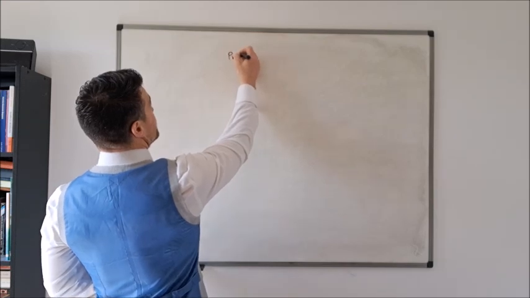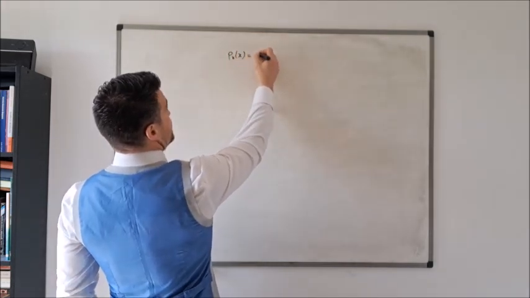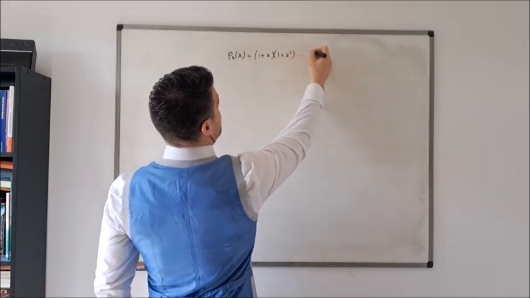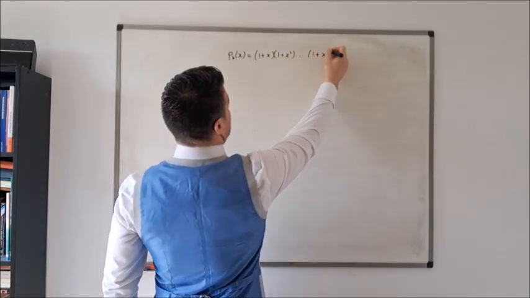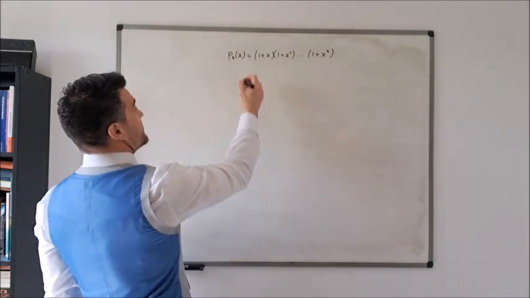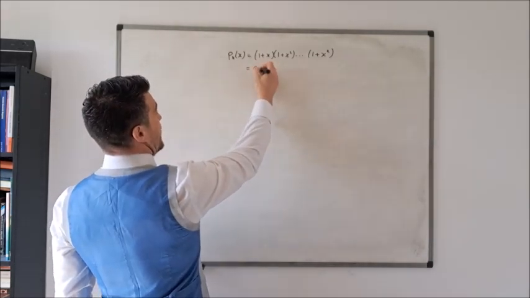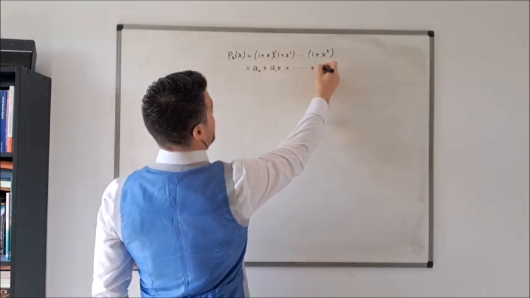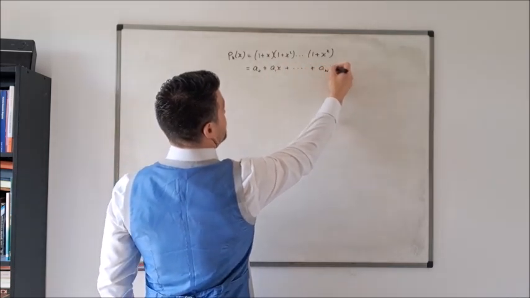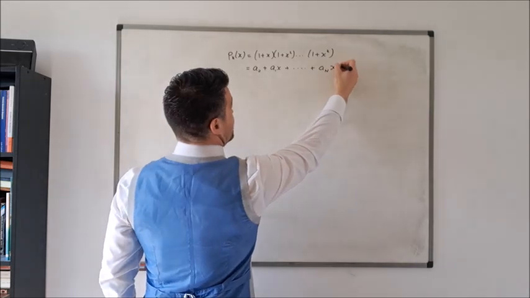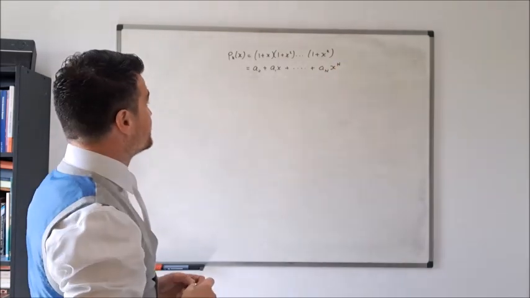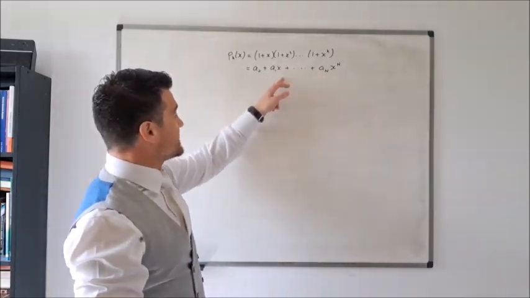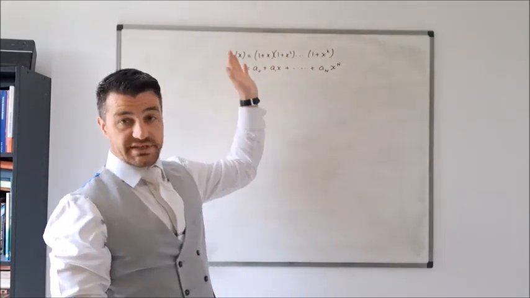So p sub k of x is equal to (1 plus x)(1 plus x squared), all the way up to (1 plus x to the power of k), which in turn is equal to a0 plus a1 times x plus all the way up to a sub n, that's uppercase N, x to the power of uppercase N. Okay, so evidently this is what we would get if we were to expand all of this out.